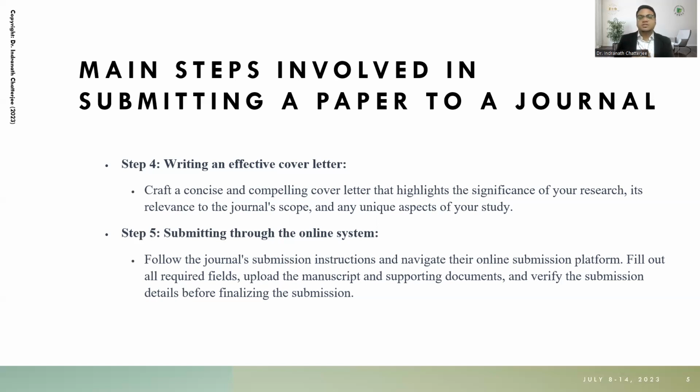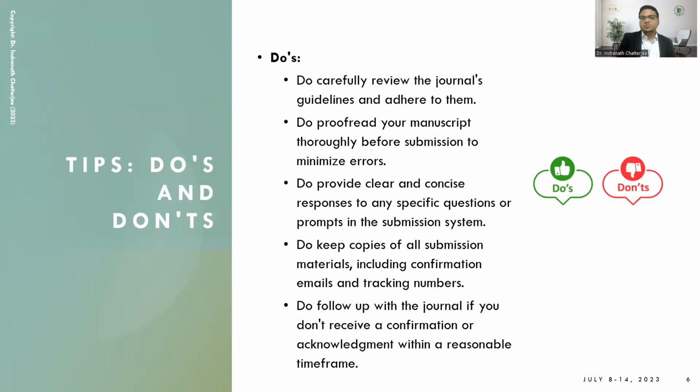That means when you are submitting, navigate the entire thing first, follow each and every step very carefully, fill in all the information you have in their submission portal, upload all the documents you have, upload the manuscript format, all the figures and tables separately if you have them, and verify everything before finalizing your submission process. Now I will show you how we submit a paper to a journal.